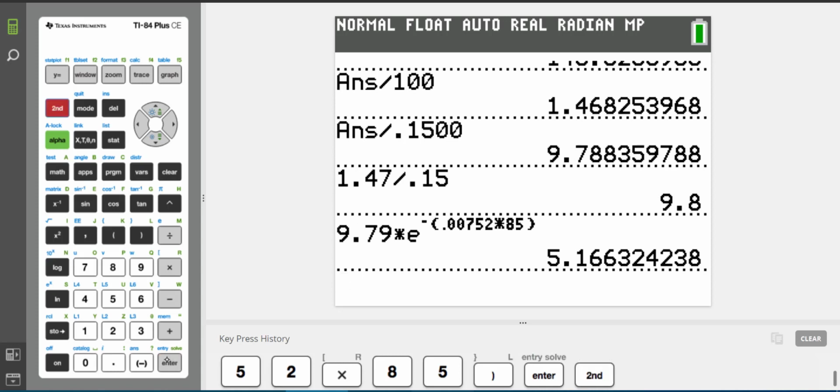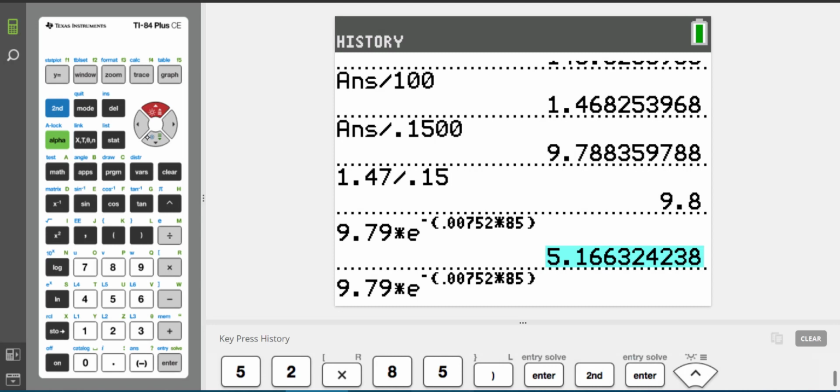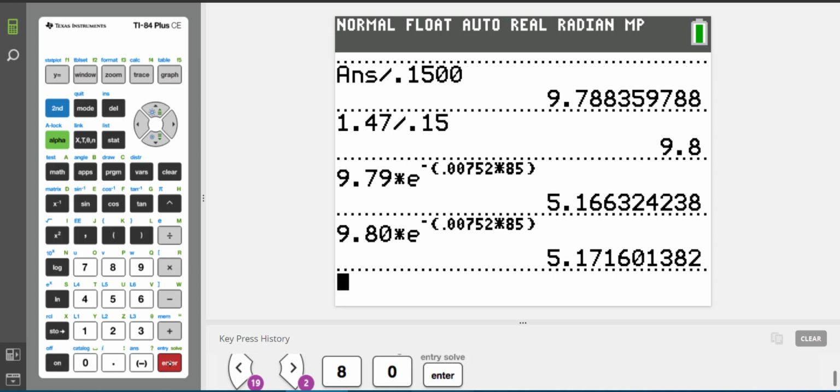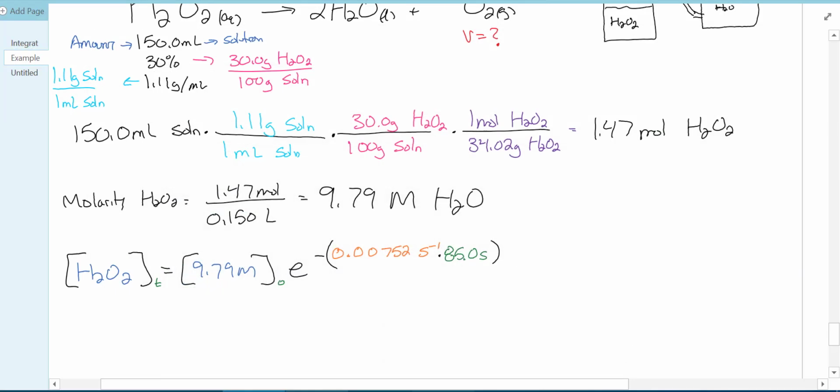And just to check, I'm going to do it this way. If we were to use 9.80, what do we get? 5.17. So it would have washed out right there anyway. So 5.17. All right, what is that? That is our remaining.